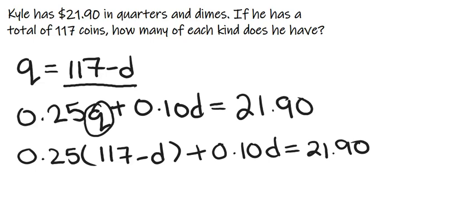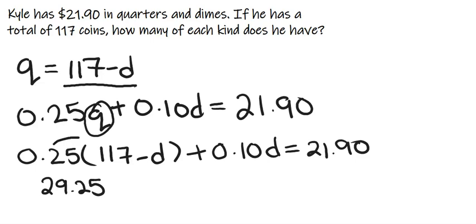Okay, now we have to solve. 0.25 times 117 is equal to 29.25. Okay.